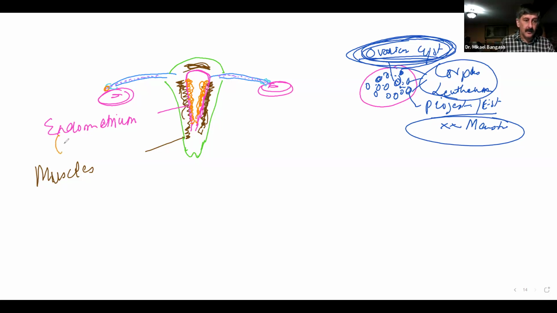Or we can say it's going to prepare a bed for the expected guest, which is going to be a fertilized egg. It's preparing the bed of the uterus to receive the guest, which will be a fertilized egg.